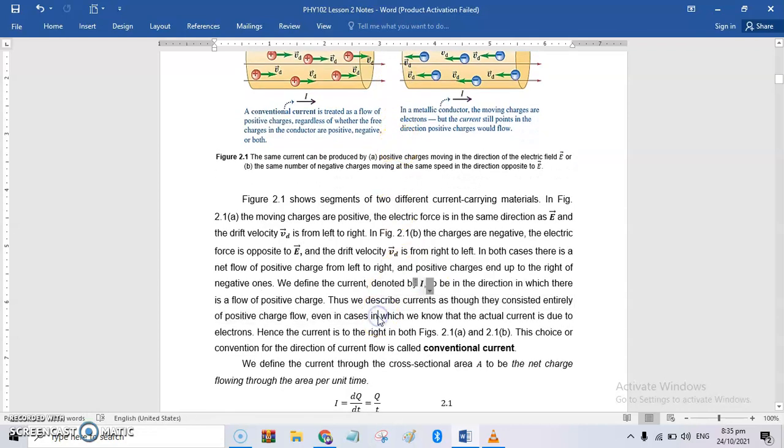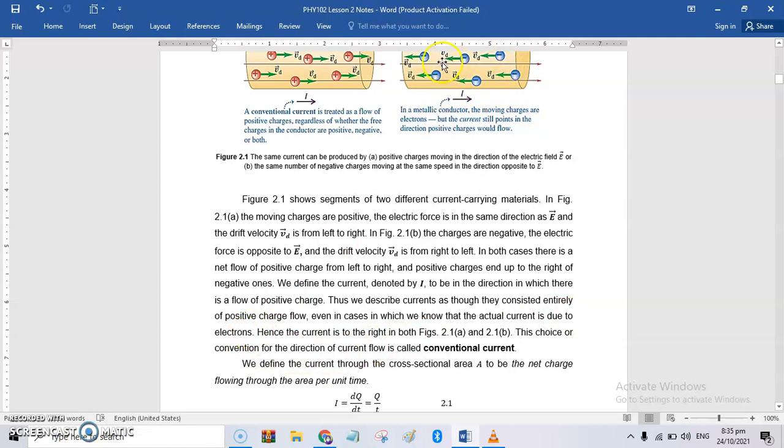Now, we describe currents as though they consist entirely of positive charge flow. So we will describe current using positive charge flow. Where the positive charge goes, that is where the current goes. So our current flow is also the positive charge flow, even in cases in which we know the actual current is due to electrons.